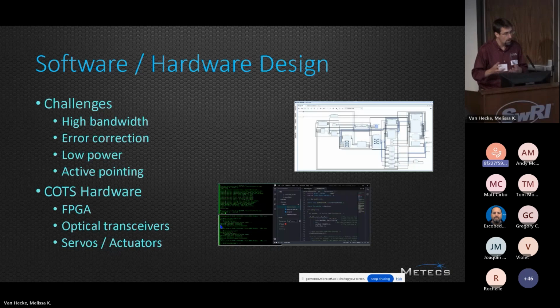So all to say that in the future, I think that we're going to see a lot more of this optical communication, and we're going to have to deal with it as flight software engineers. And it really opens up the conveyance of a lot more information from the sky to the ground, but it does present its own technical challenges, and there's some innovative ways to deal with those challenges.